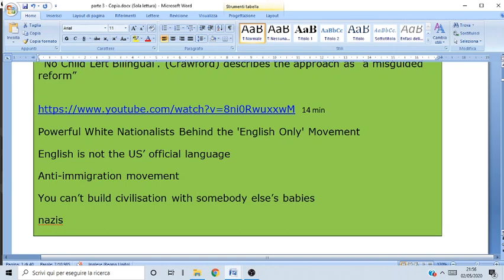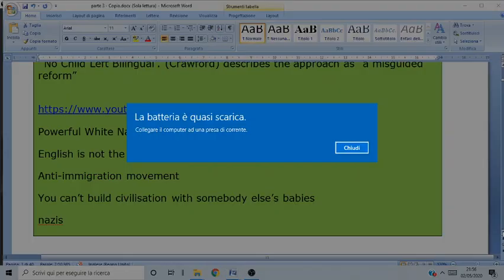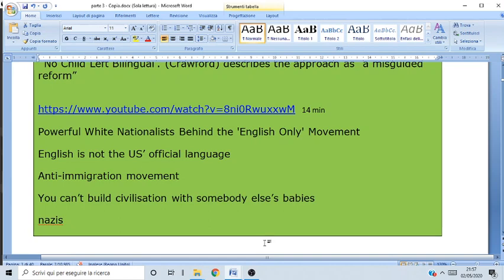As you can see, there's a birth rate policy, a language policy, a cultural policy that is all going towards English as the only pure language that should be spoken in the United States. And the video goes a little further by comparing these movements with what was basically Nazism.